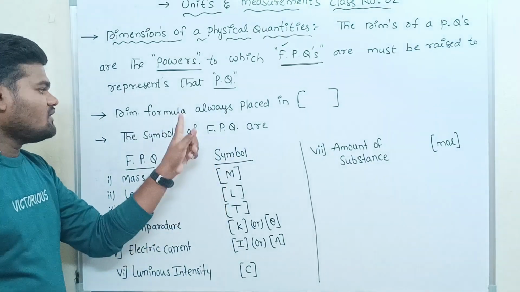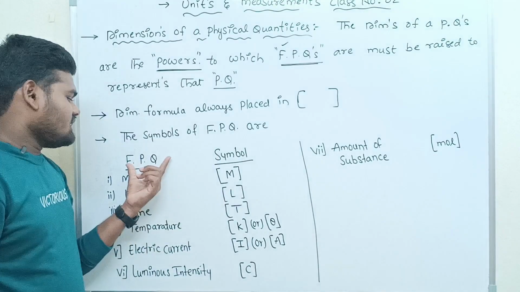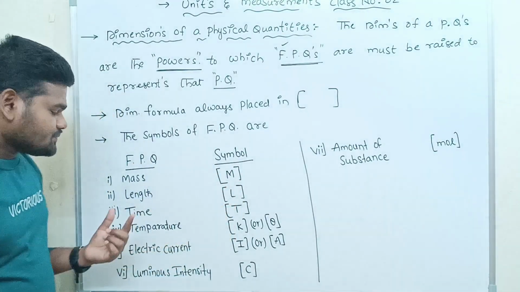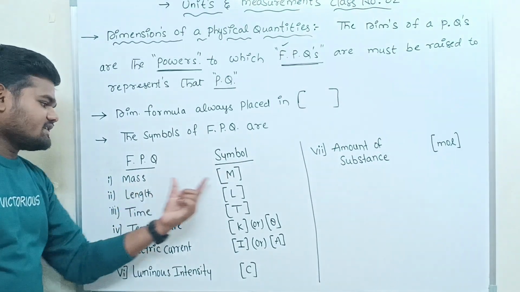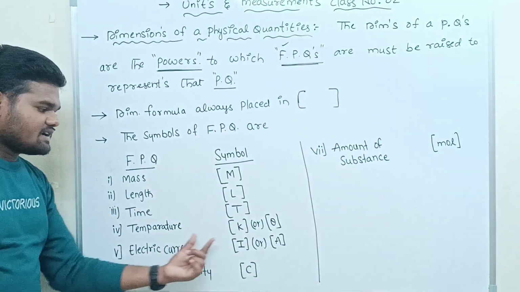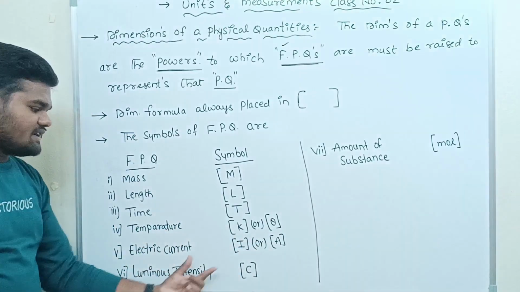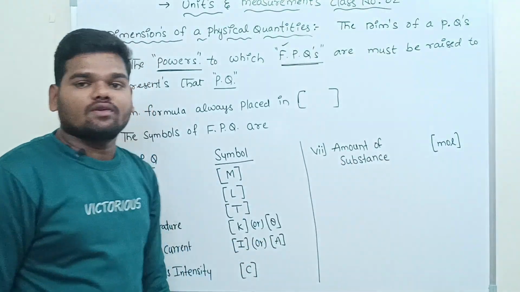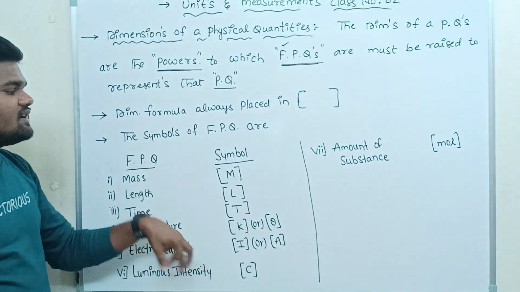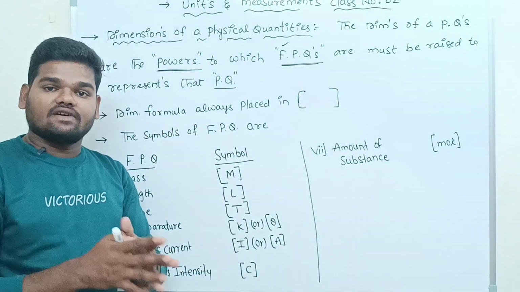Capital M. And always we have to place the dimensional symbols in these braces. Mass, capital M; length, capital L; time, capital T; temperature, K or theta; electric current, I or A; luminous intensity, C; amount of substance, mole. These are the symbols for fundamental physical quantities to write in dimensional formulas.